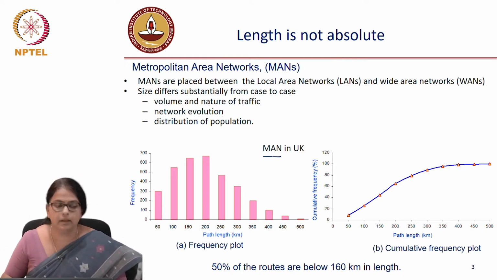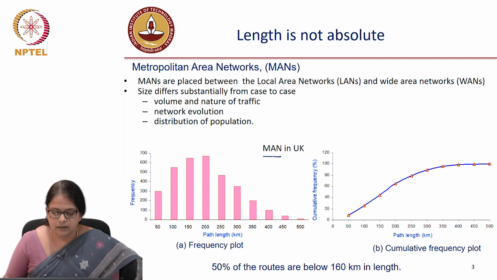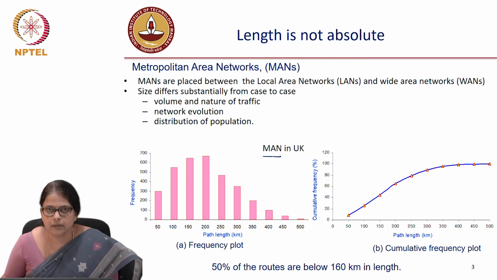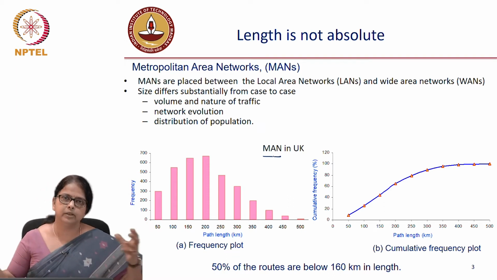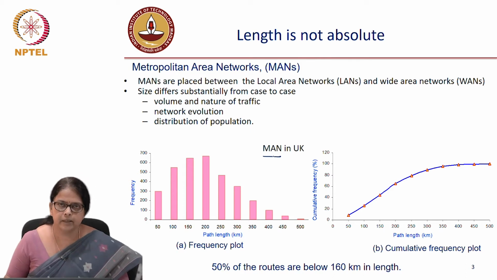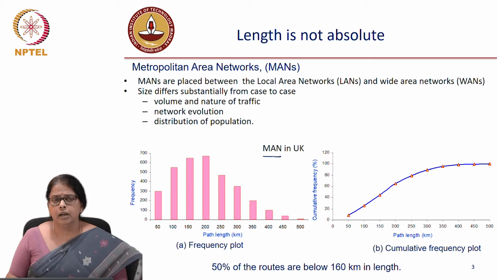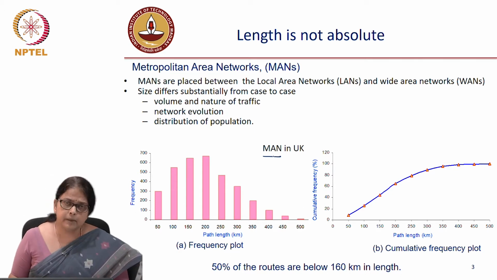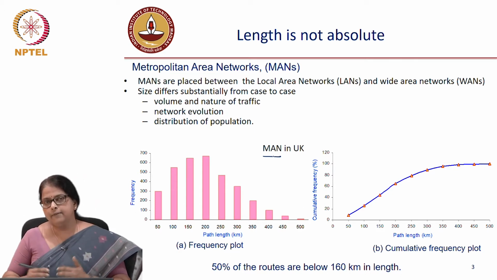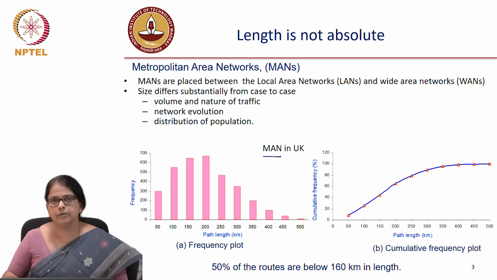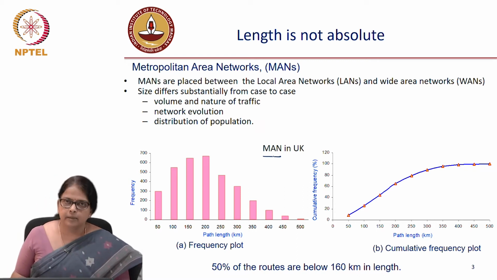It depends on the volume of traffic, the nature of traffic, how the network is evolving, and how the population is distributed. Suppose in countries like Australia where the density of population is very low, you could have really long lengths of fiber which handle the metro network.